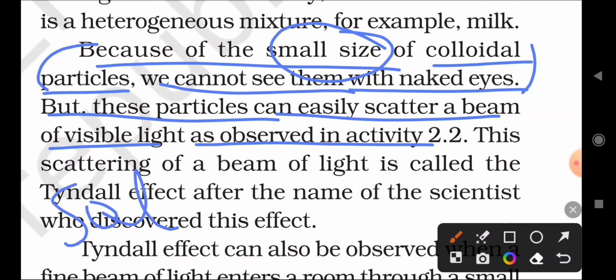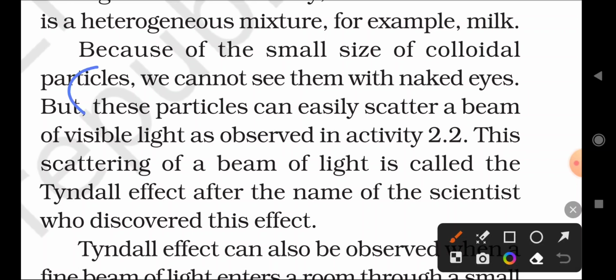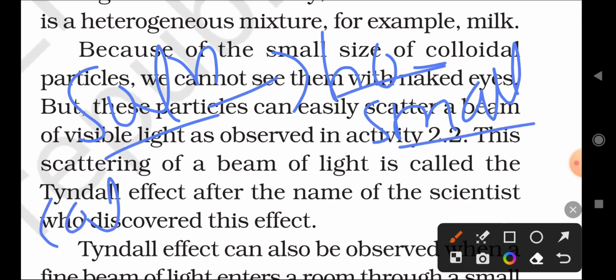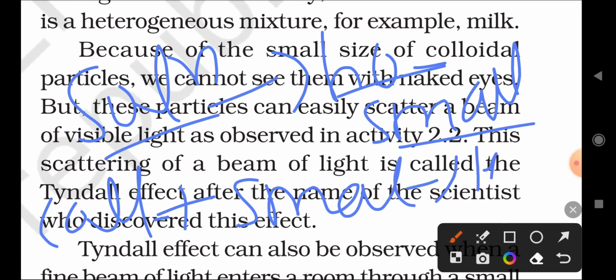A small comparison we'll do here. A solution is a homogeneous mixture, correct? Because the size of its particles is also small. But in a colloidal solution, they have small particles, yet we do not call it homogeneous; instead we call it a heterogeneous mixture.